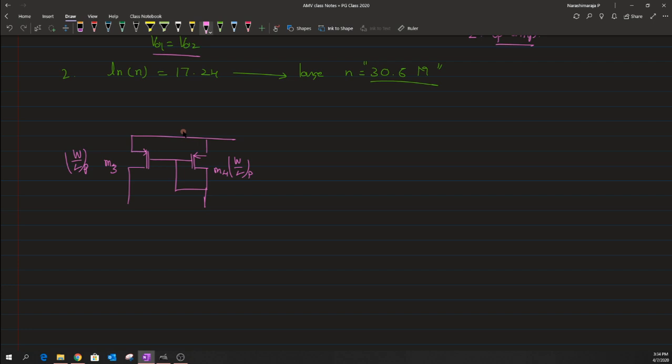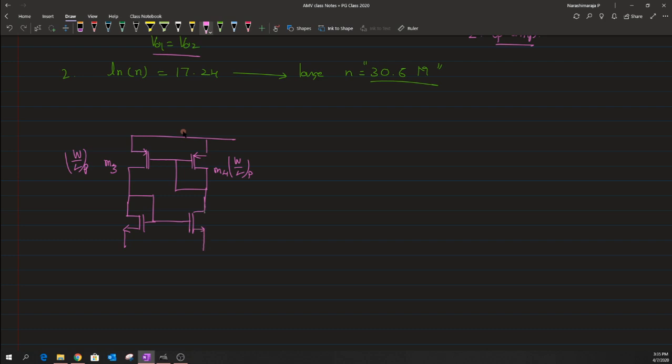Based on this, later we had an NMOS current mirror structure at the bottom, with a diode connected transistor.